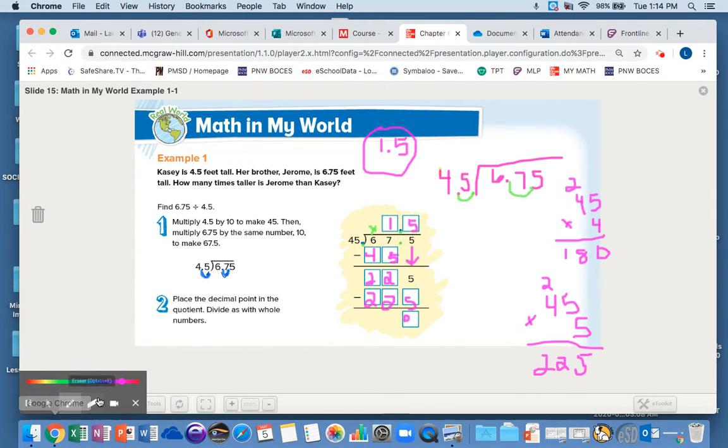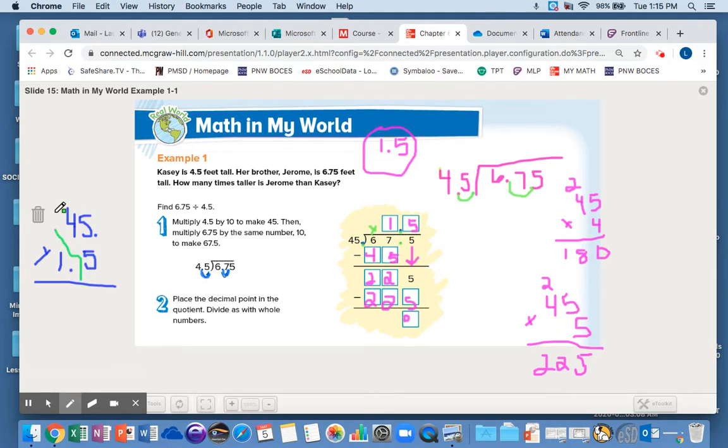Okay, so now I want to check this, and I want to show you that it checks out. So I'm going to multiply this number by 1 and 5/10. I'm going to say 45, leaving my decimal at the end, times 1 and 5/10. Remember, in multiplying, we just line it up normally, and we worry about the decimal later.